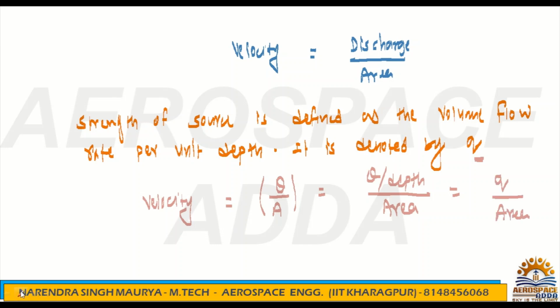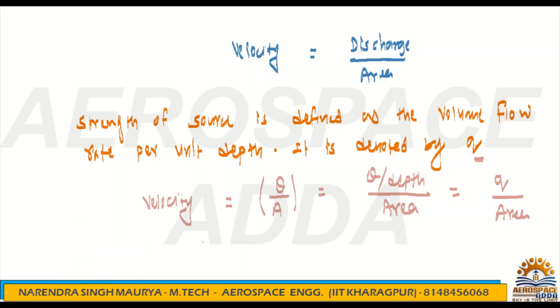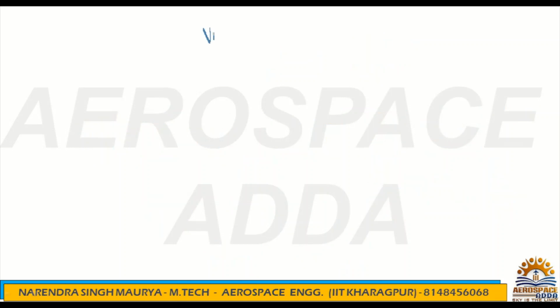Anyway, now coming to this velocity: the volume flow rate is q, discharge by depth, divided by area. What is the area you have calculated? It is 2 pi r. So this is the final result we got, and for a single mark question, they can ask what is the velocity here.